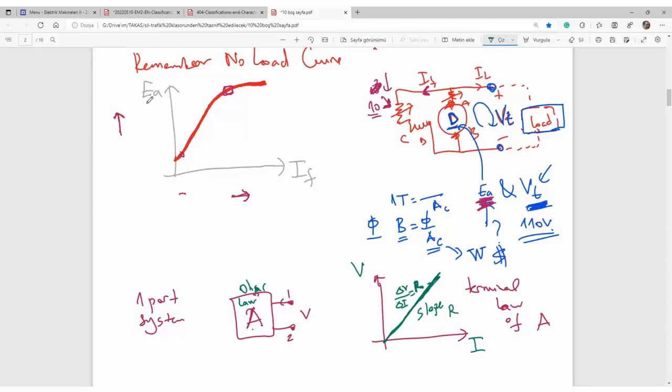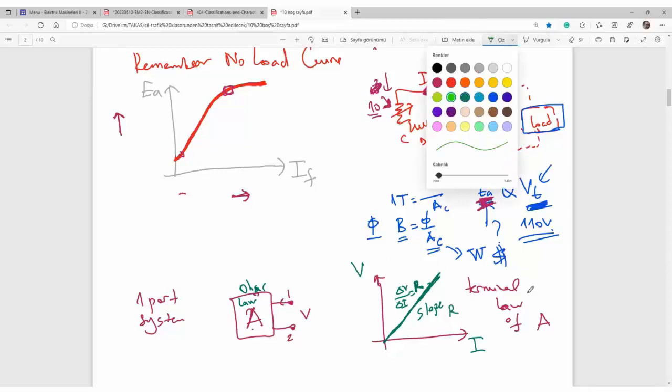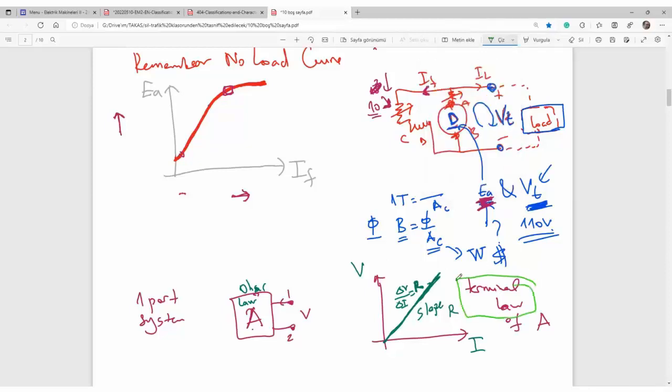It looks like a terminal law, as we know from circuit theory: voltage versus current. So the slope of the curve defines a resistance. Let's say R critical.